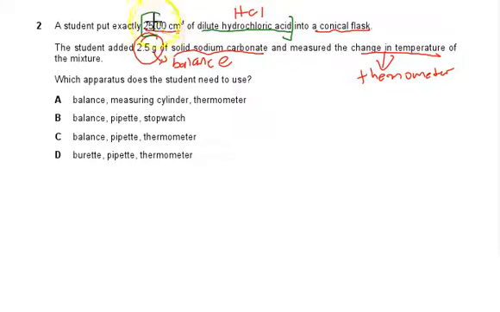So for this small amount we have to use pipette, alright, and not the measuring cylinder. There is no time over here, so stopwatch is not necessary. So here we have balance, pipette, and also thermometer. So your best answer here will be C.